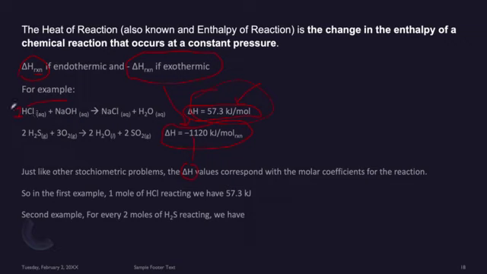So if you have the conversion rate, you should be able to solve for any problem. And looking at the second example, for every 2 moles of this reactant, this is the energy change that would be taking place.